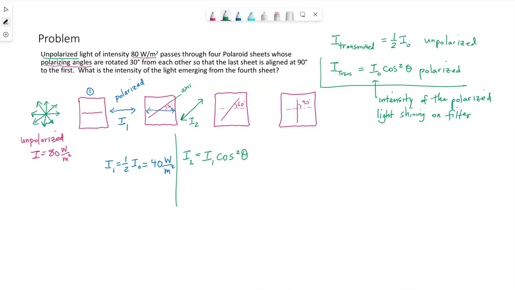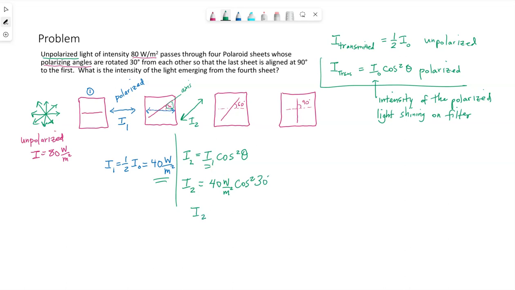I1 is the polarized light that will be passing through this second filter. And that's why I need I1 in the equation and not the original 80. So to find the intensity of the light after it comes through this second filter, we need to know the intensity of the light and then the angle between how the light was polarized and the filter axis, which is 30 degrees.